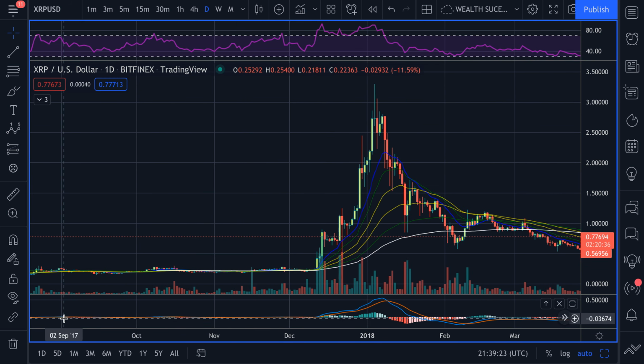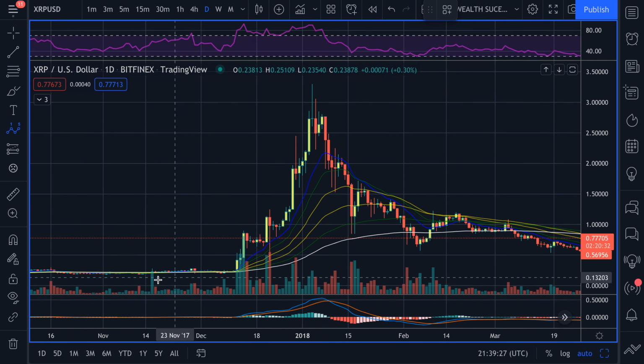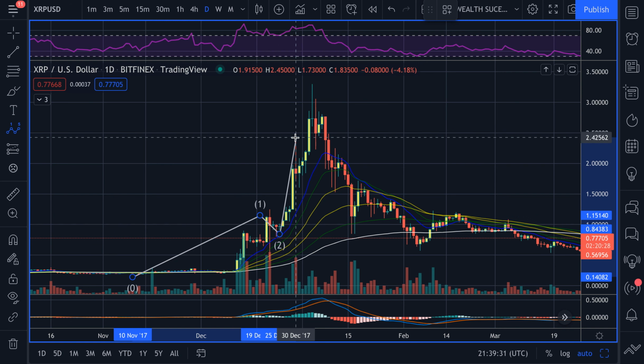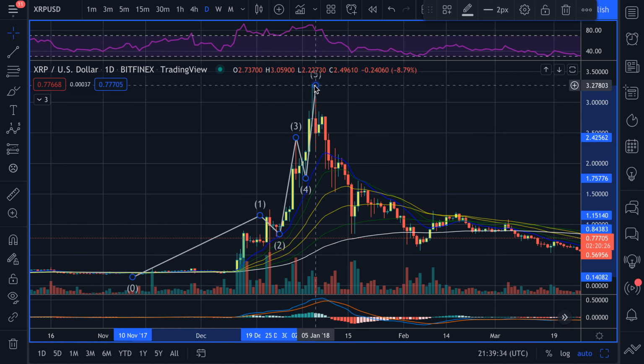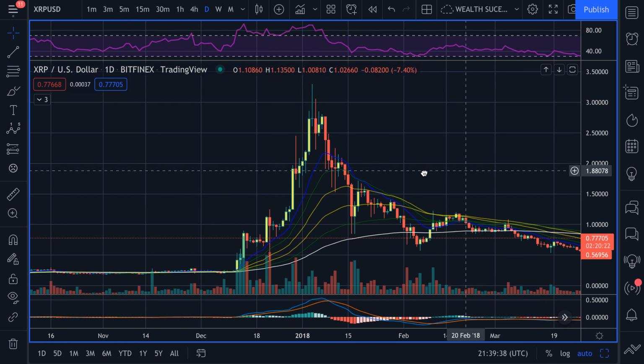Okay, yeah, that kind of looks like a 5-wave. It did some like this. And then we've been just correcting.